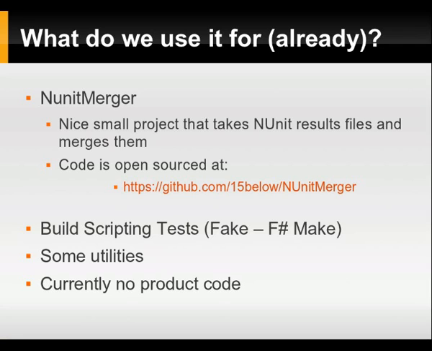It's a set of helper libraries for writing build scripts in F#, mostly because our MS build scripts are incredibly painful to work with and getting somewhat unreliable as they get more complex. So, there you go. We currently don't use it for any of our products' code as it stands.